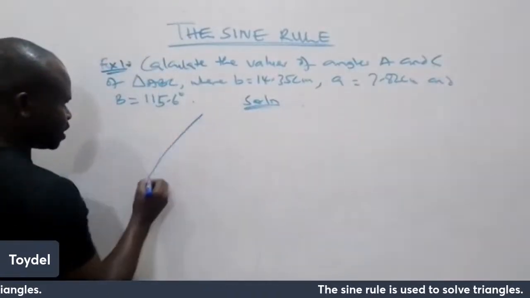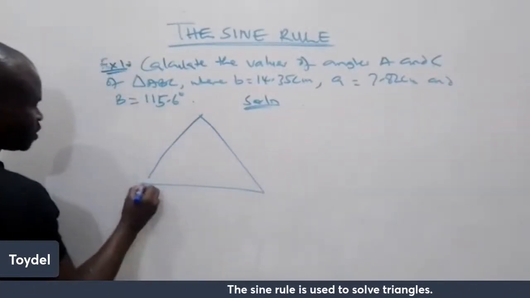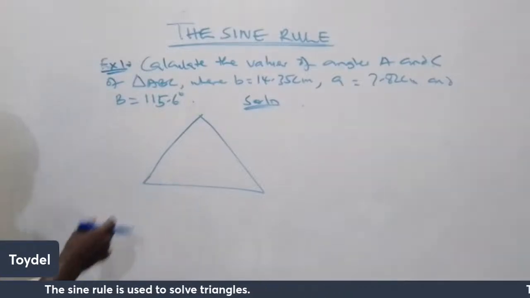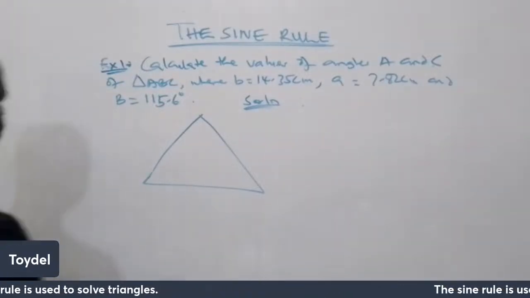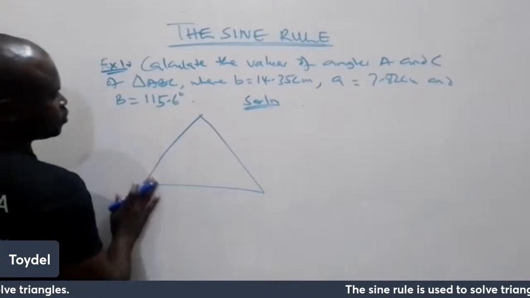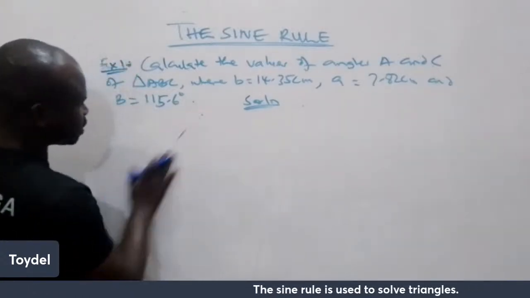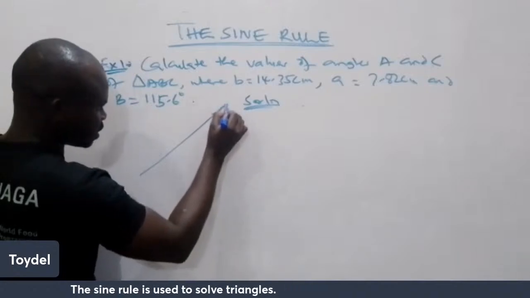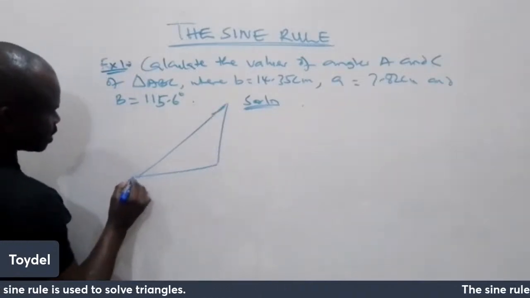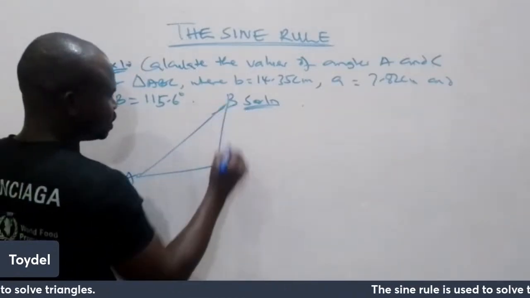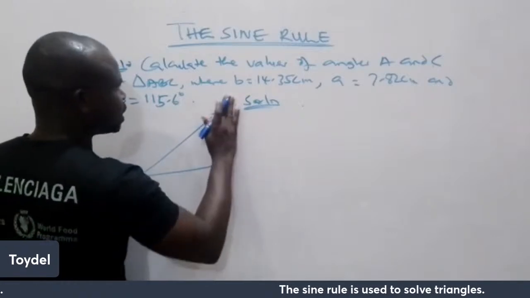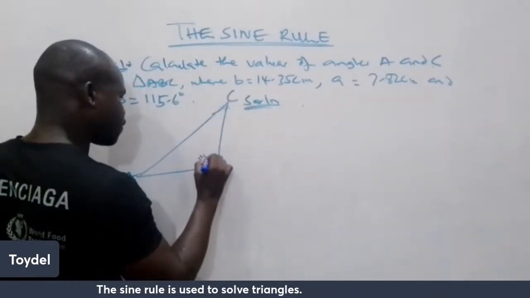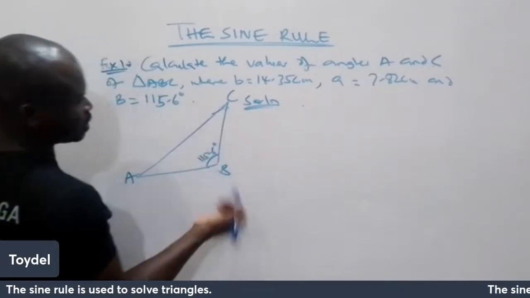Of course, you sketch a triangle, but in this case we have to be very careful because angle B is more than 100 degrees. So let me sketch it. I'll say this is A, this is B, then this is C. Here is 115.6 degrees, it's more than 90.